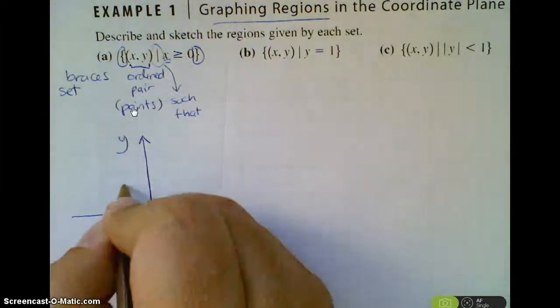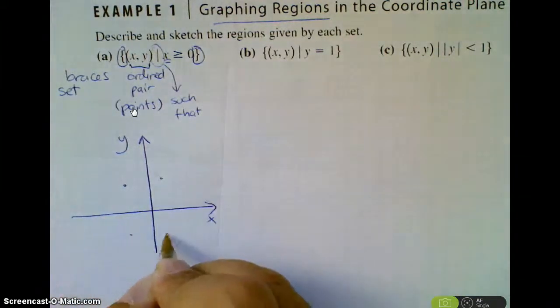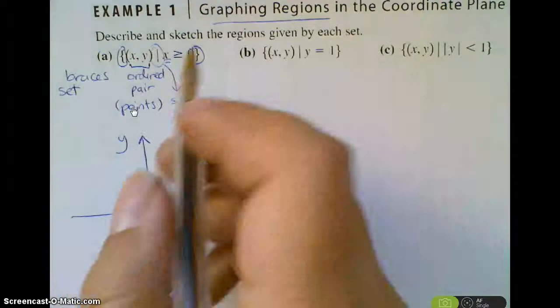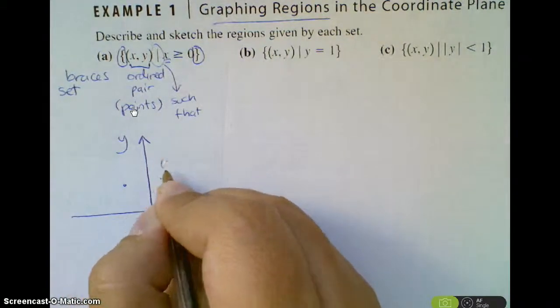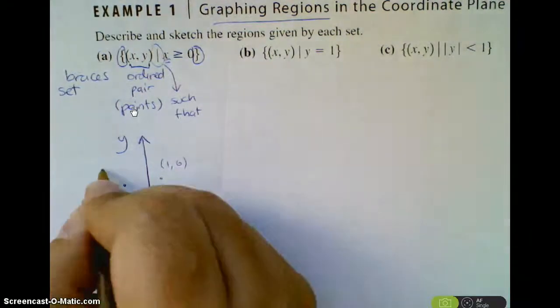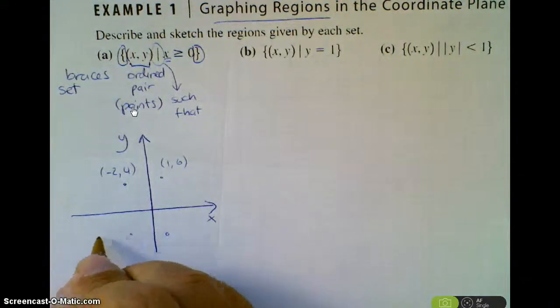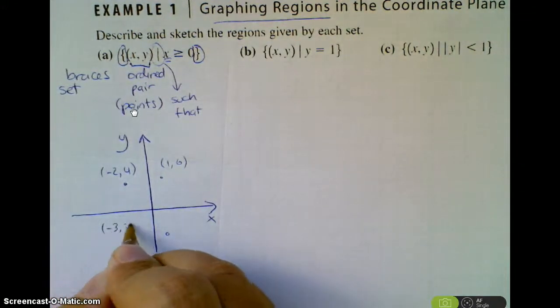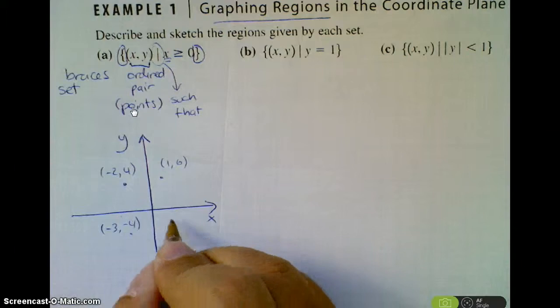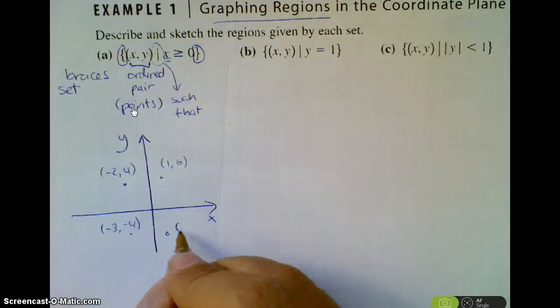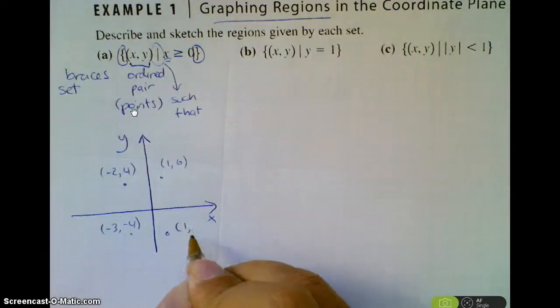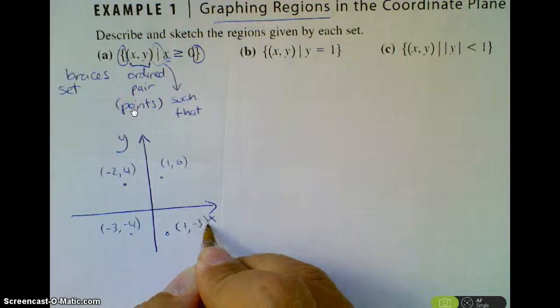So let's just have a few points on the different quadrants, and let's see what that means. Let's say this is the point 1, 6, this is the point negative 2, 4, this is the point negative 3, negative 4. I'm just picking some random ordered pairs. The only thing that I'm choosing is the right sign.